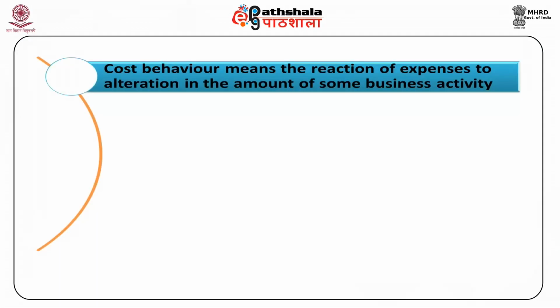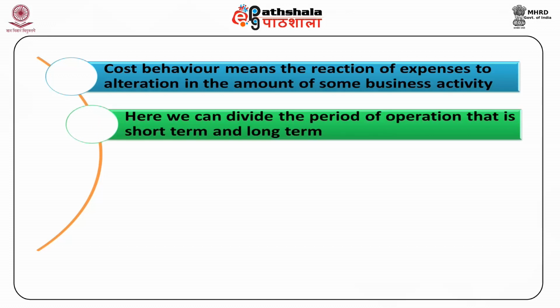Cost behavior means the reaction of expenses to alteration in the amount of some business activity. In simple words, how cost is changing when there is some change in the output. Here, we can divide the period of operation, that is short term and long term.